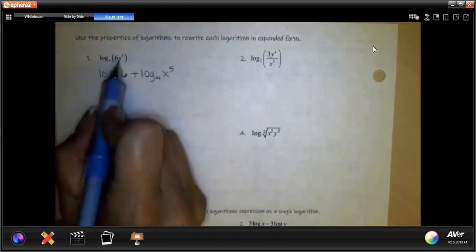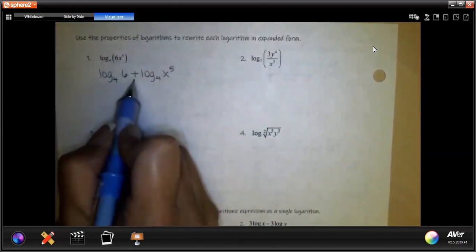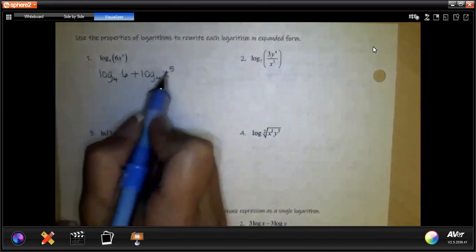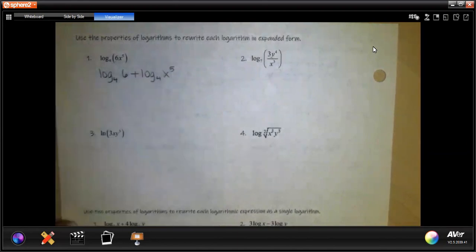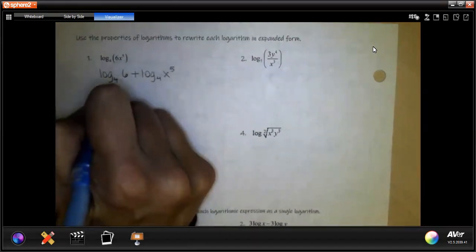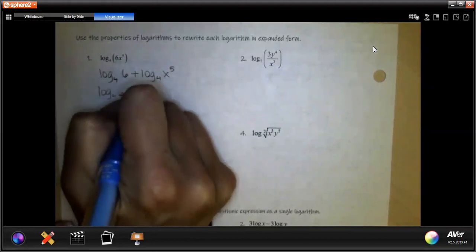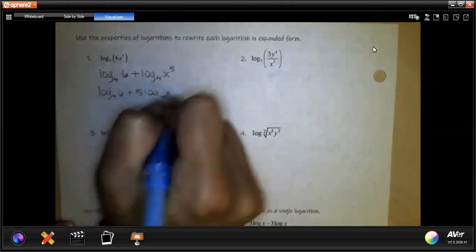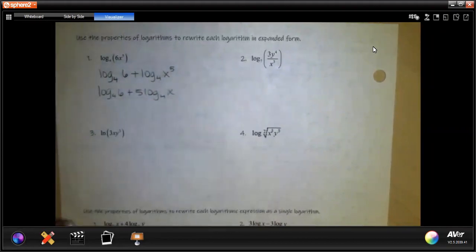I've taken the two things that are being multiplied in the argument and changed it into two logs with an addition sign. Now to expand it completely, we also have to take care of the exponent there. We can now apply the power rule of logarithms to get rid of that power. So we go log base 4 of 6 plus 5 log base 4 of x.